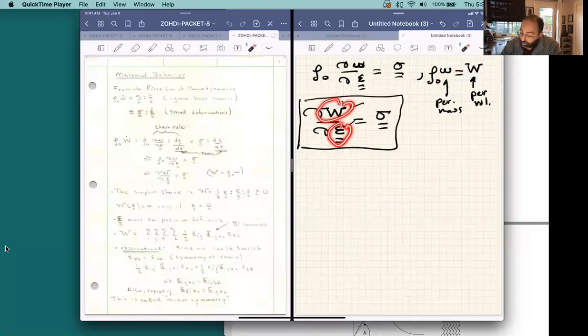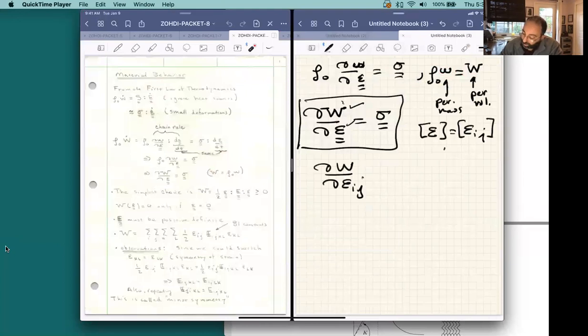So the first thing you might want to ask is, how can you take a partial derivative with respect to a matrix? Well, really what that symbol means is that if I take the partial of W, I'm going to take the partial of W with respect to each one of the components of the strain, because the strain tensor is actually comprised of little components, epsilon ij. And so what we're doing is we're taking for every component of epsilon ij, what pops out of here is a component of sigma ij.